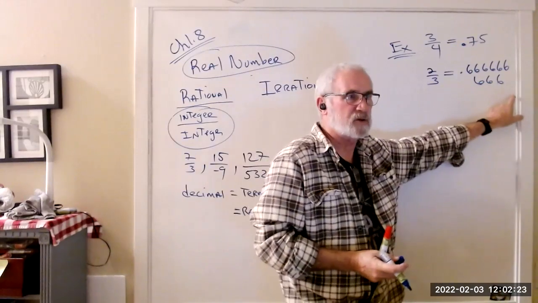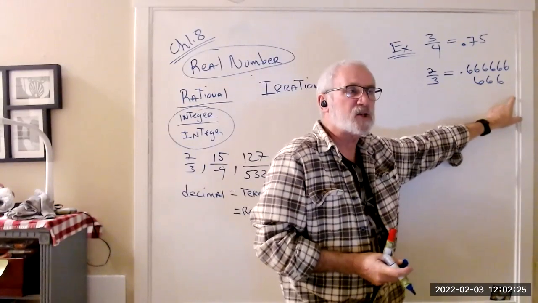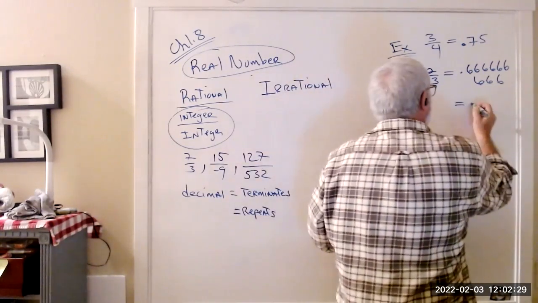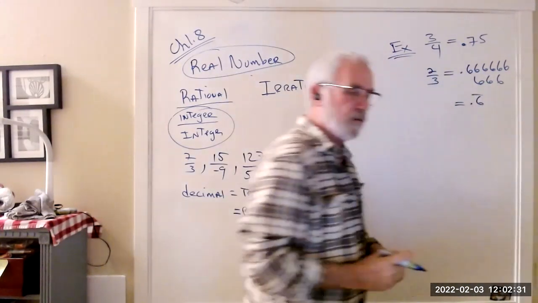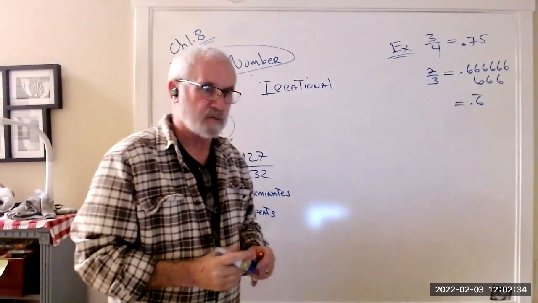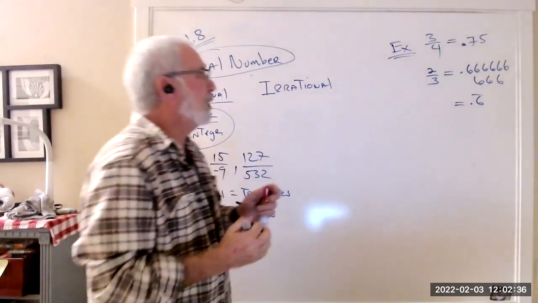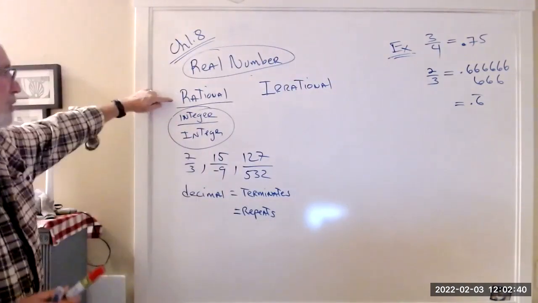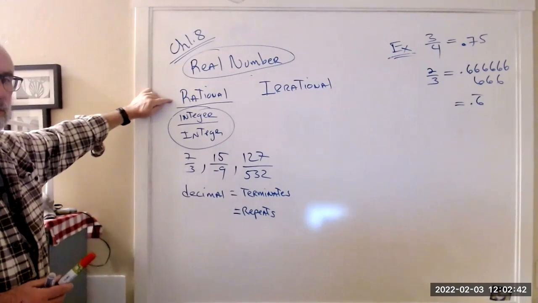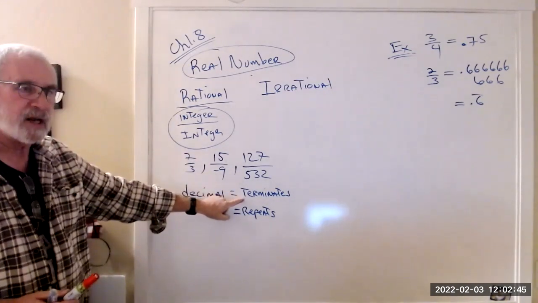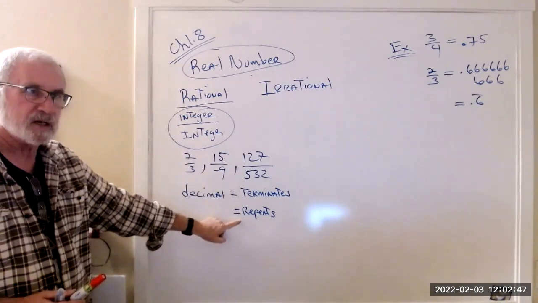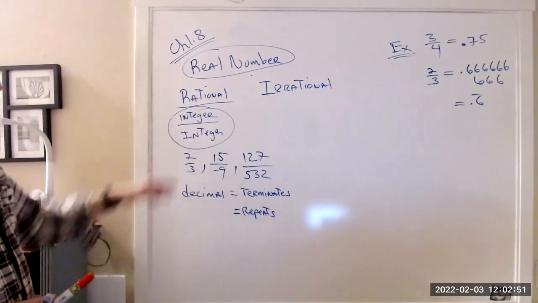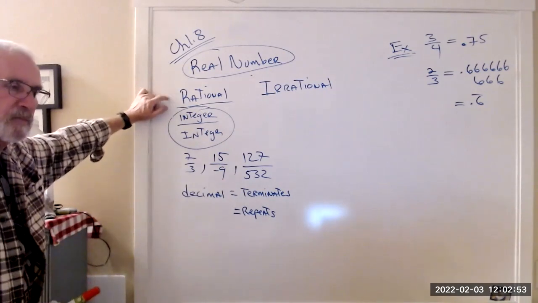It never stops, but it repeats a pattern. And when it does that, we put a bar over the part of it that repeats. And we know that both of those are called rational numbers. Their decimal either terminated or their decimal repeated. So anything you can think of that's nice and pretty is pretty much a rational number.